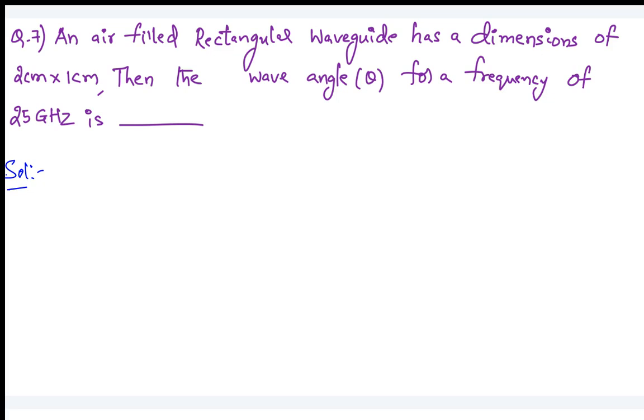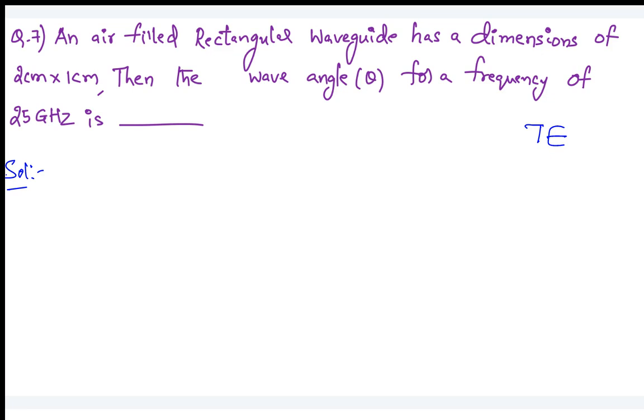So if nothing is mentioned in the question, you have to assume it as transverse electric. Not only here, there are so many times the question has been asked like this. They will not say which one you have to choose as dominant to find cutoff frequency. So if nothing is mentioned, once again make a note, you should consider TE as the dominant mode.